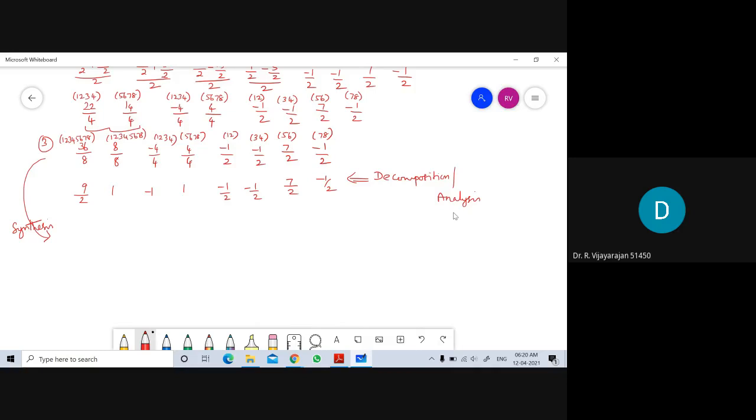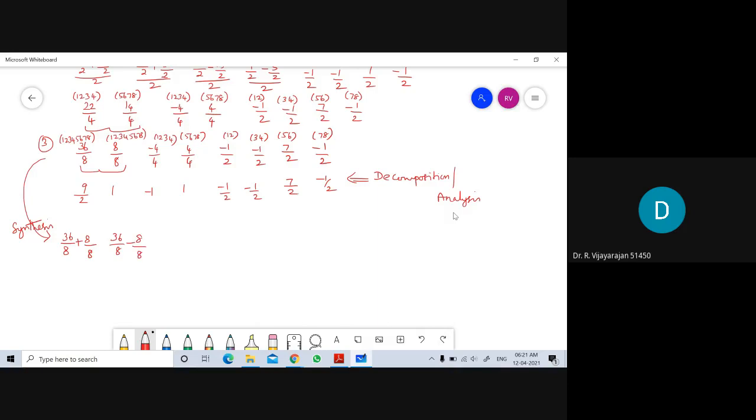So the first step is 36 plus 8 by 8, the first value. Then the difference: 36 by 8 minus 8 by 8, because these are the coefficients having similar index.